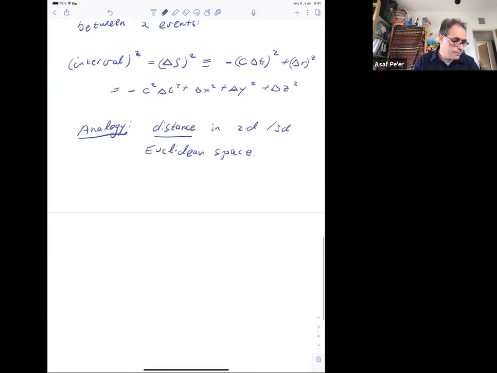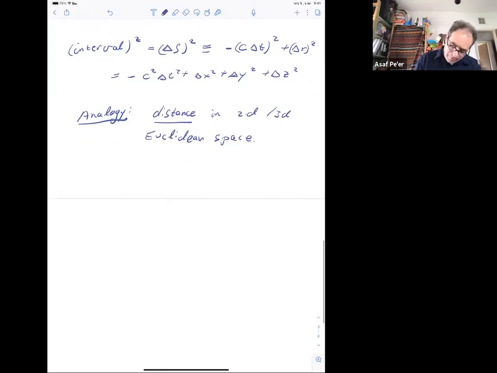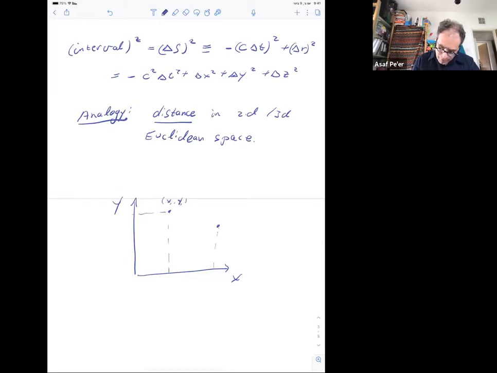Right. So I have a 2D space here, right? So I define two coordinates, x and y, right? And I can define two points. That point has coordinates x1 and y1. That point has coordinates x2 and y2.